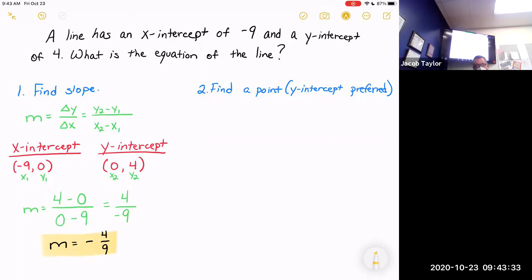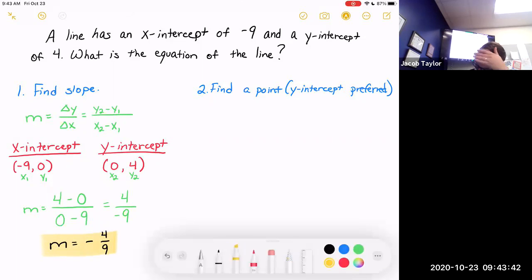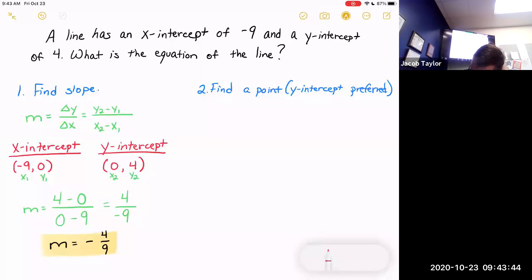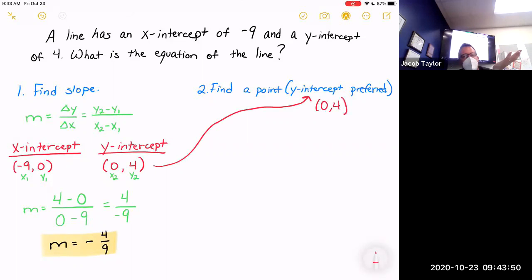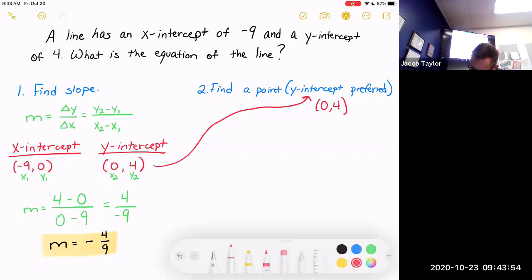Step 2 is to find a point. Any point will work, but if I have the y-intercept, I prefer the y-intercept. Do I have the y-intercept? Yes, I do. This guy right here, 0, 4. If I have the y-intercept and the slope, I can write the equation in slope-intercept form.